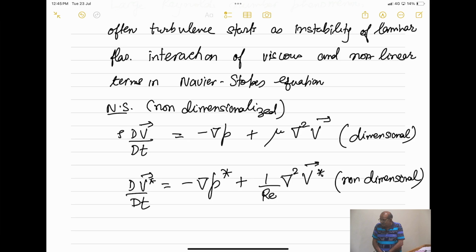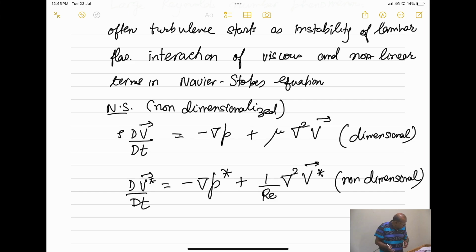But that is not so, and this has to do with the nature of the equations. In fact, the boundary layer phenomena essentially comes because of this only, that there's a second order derivative. You need this term, even if the Reynolds number is very high. You can't throw away this term.